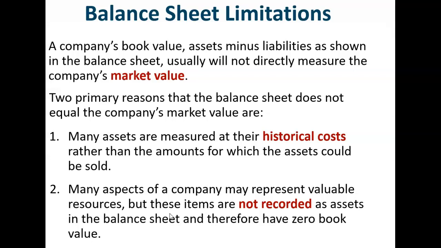Examples of estimates inherent in the numbers shown on the balance sheet include the amount of receivables management thinks they will be able to actually collect, the amount of estimated warranty costs they will eventually incur for products already sold, the residual values and useful lives of their long-term assets, and amounts used to calculate employee pension obligations. Each of these are estimates that will affect the reported amounts in the balance sheet.